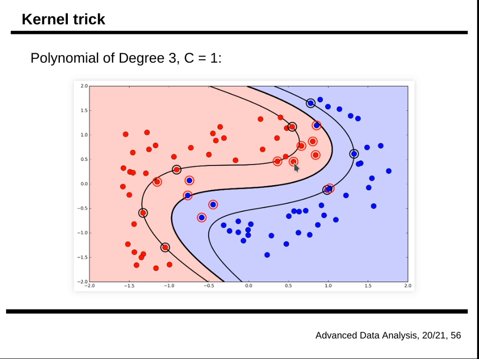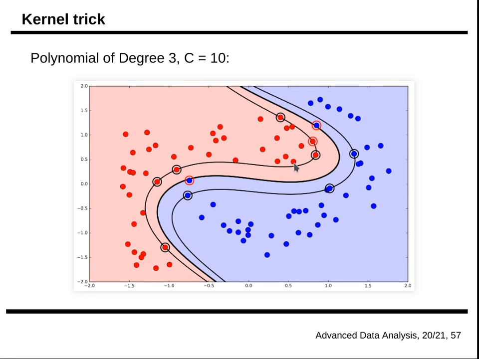Actually, we still have a linear discriminant, but it's now in a much higher dimensional space after these transformations. And if we increase the value of C, we increase the penalty given to points that penetrate the margins. So we're actually reducing regularization. We are forcing the discriminant to adjust much tighter to the data that we have here.